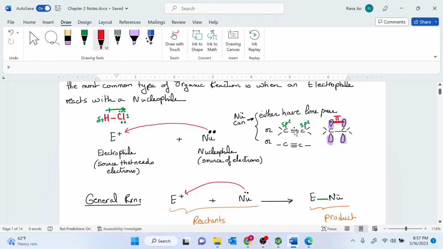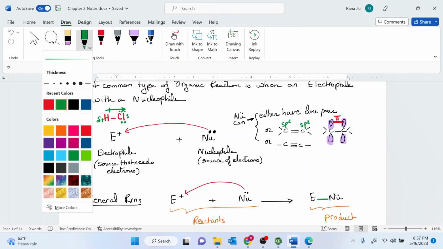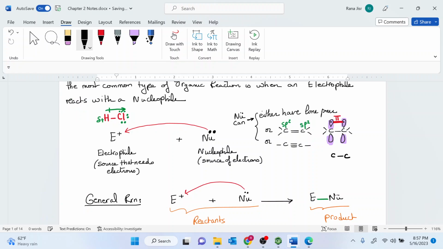So if this pi bond is broken, I can make use of these two electrons, and I will have a source of electron in there to make a covalent bond with the electrophile. Same thing as the triple bond. Triple bond is also considered to be a source of electron, and a triple bond again is made up of these two p orbitals in there, each one of them, the py's, they overlap to make a pi bond.